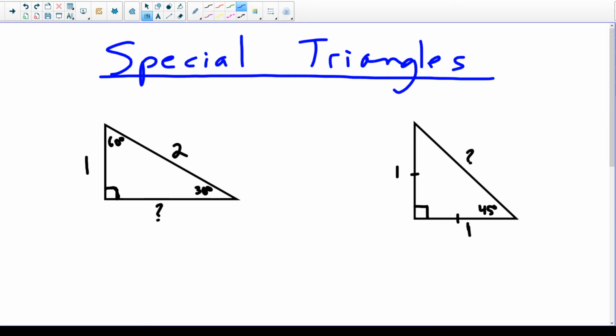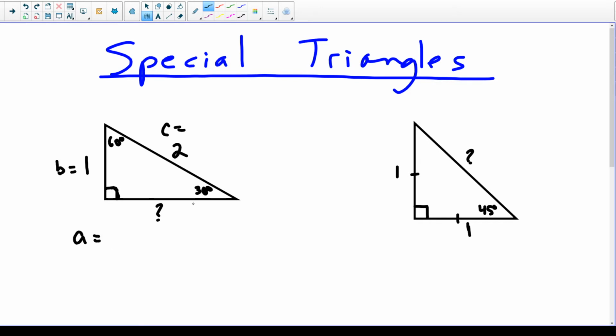So the first thing we need to do is calculate the length of this side. So using the Pythagorean theorem, how quickly could you calculate the length of this side? Well, we know that a squared plus b squared equals c squared. We know that the c value is 2 here. Let's call this b. So we'd be looking for the a value.